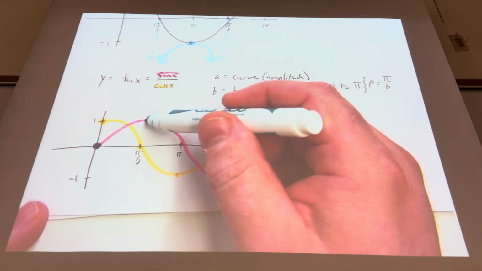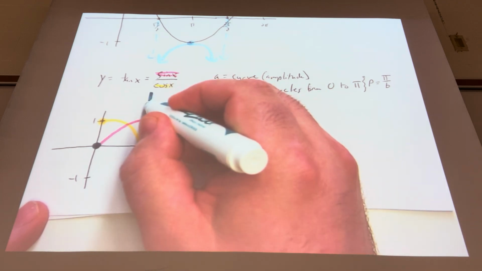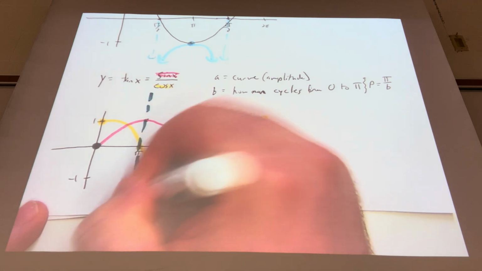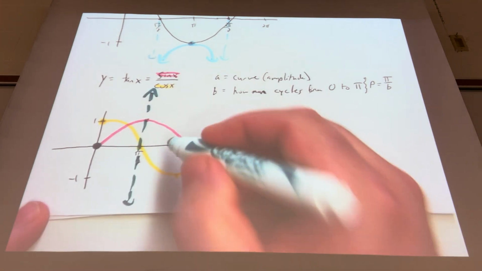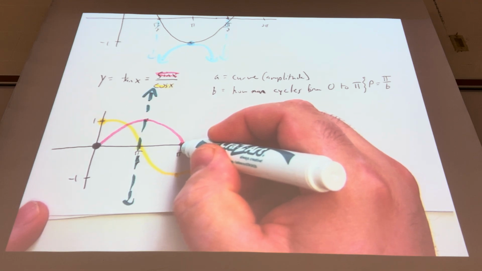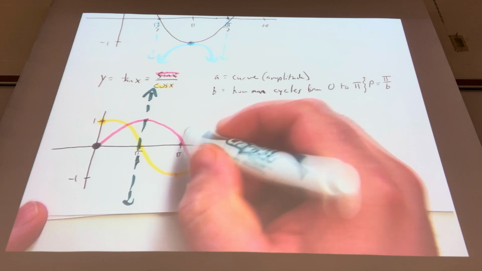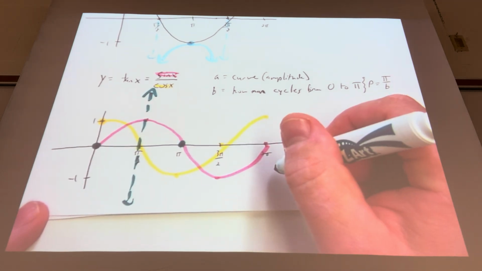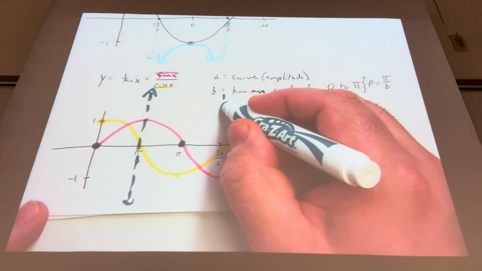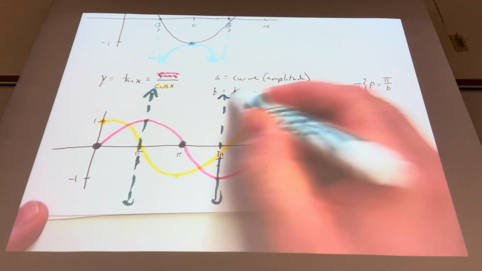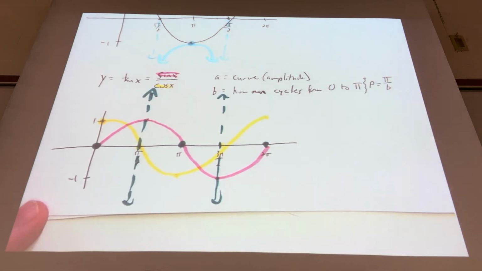We get 1 divided by 0, so that's undefined. And then at pi, we get 0 divided by -1, which would be 0. Here we get -1 divided by 0, so once again undefined. And then a 0.